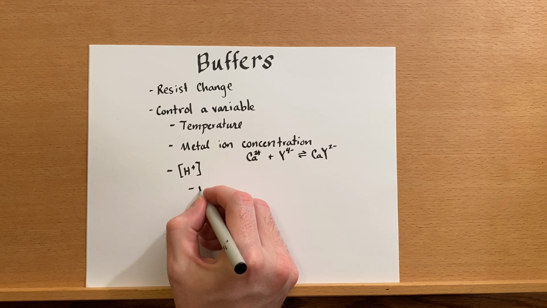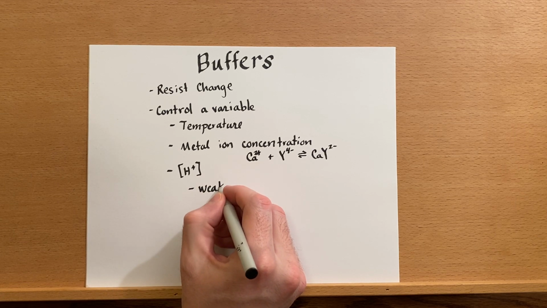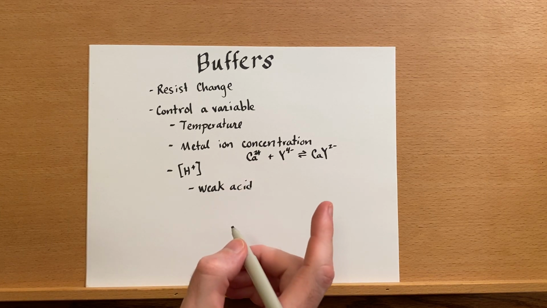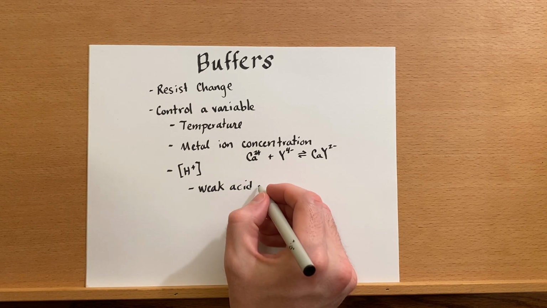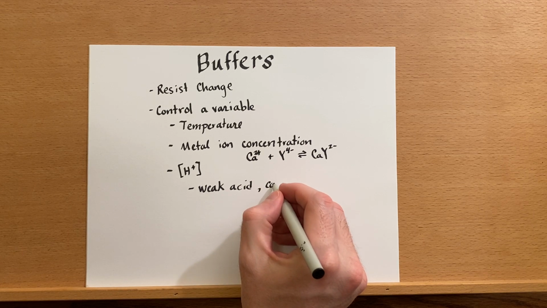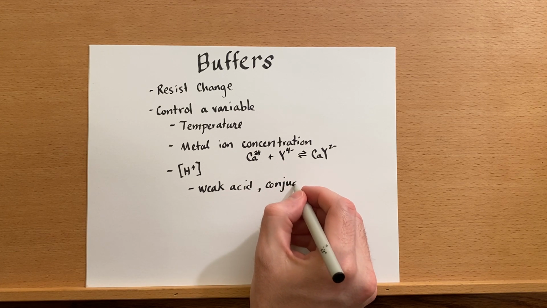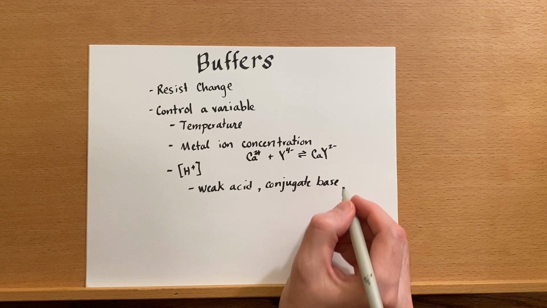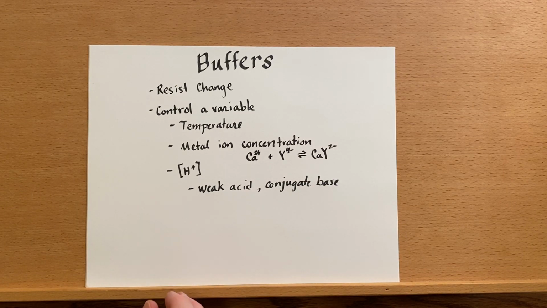So, it's important that we use a weak acid and its conjugate base for a buffer.